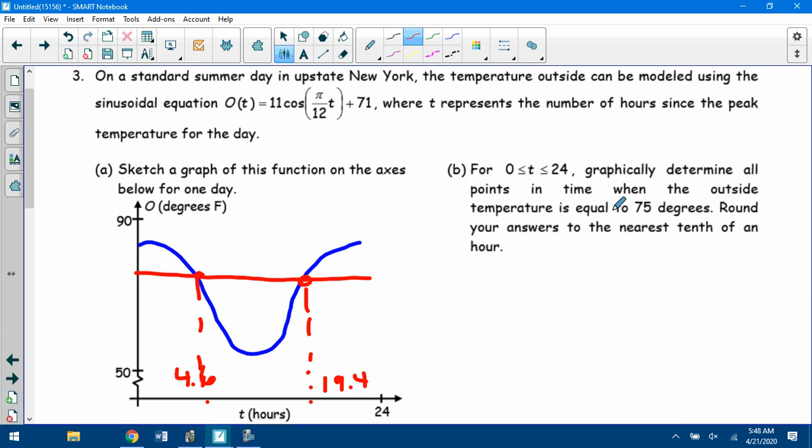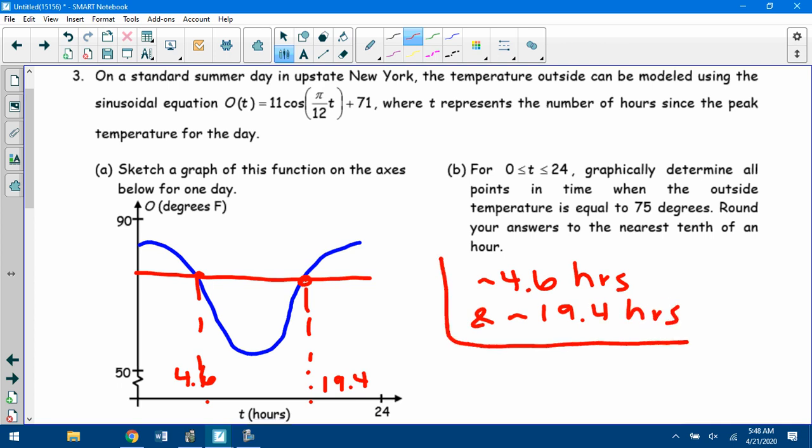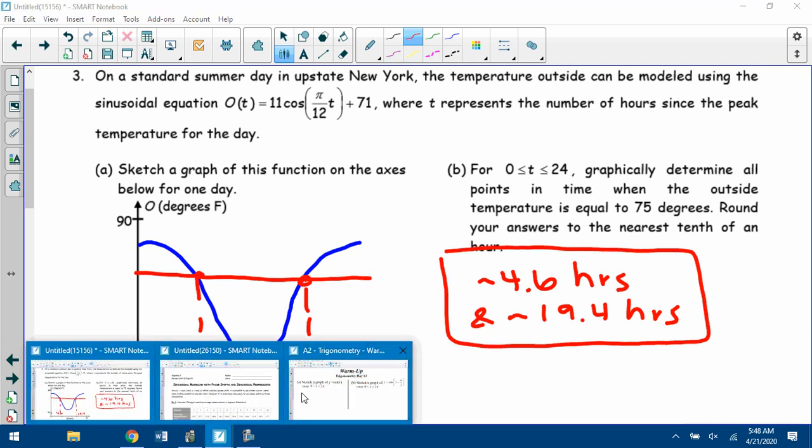So the points in time when the temperature is equal to 75 degrees are about 4.6, what is this, hours since the peak temperature. So 4.6 hours after the peak and about 19.4 hours after the peak. All right, so that's all you had to do for that one. Let's go to warm up next.